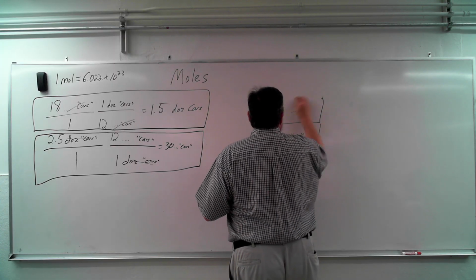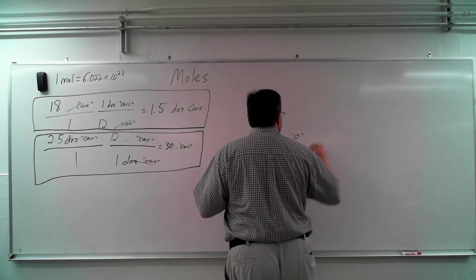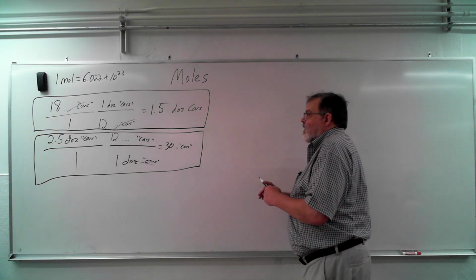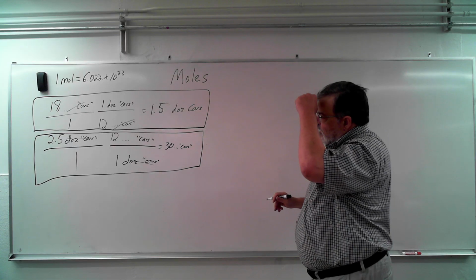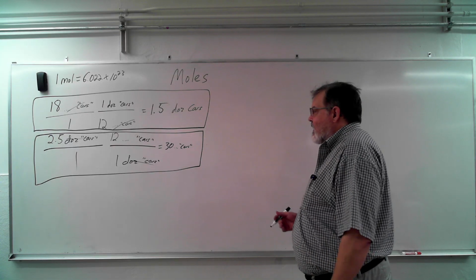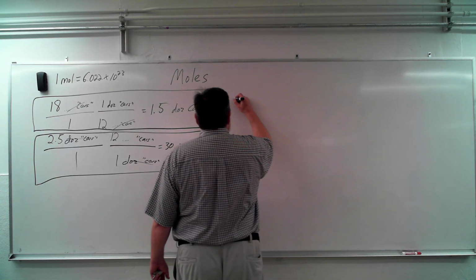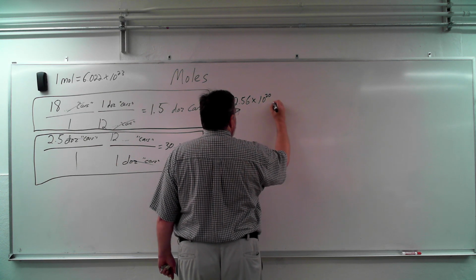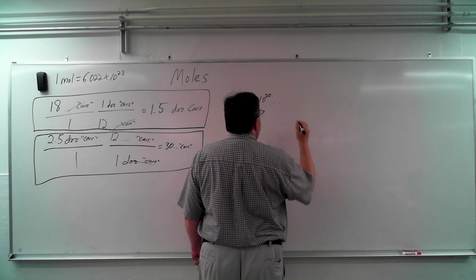All right, now we'll do something in mole. I don't have to use really large numbers now. But let's say you're reading a question and it says you have 2.56 times 10 to the 20 oxygen atoms.